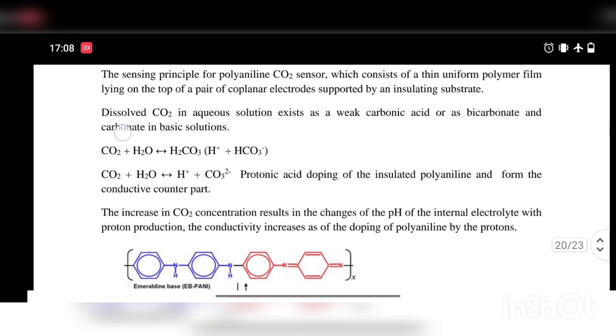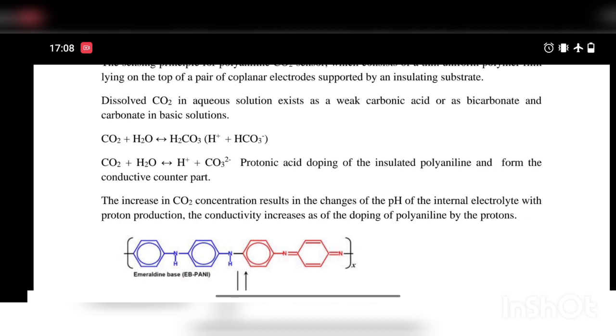So this carbonic acid doping, or protonic acid doping, of the insulated polyaniline forms the conducting counterpart. Before interaction with this protonic acid, the polyaniline chemi-resistive material is insulating in nature, and after doping with this protonic material, it becomes conducting.